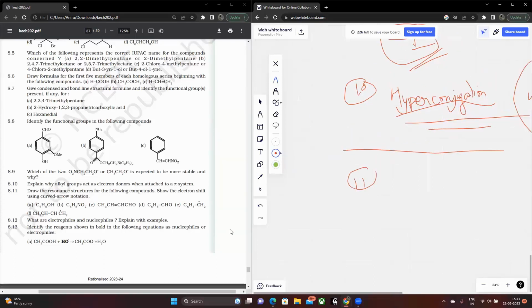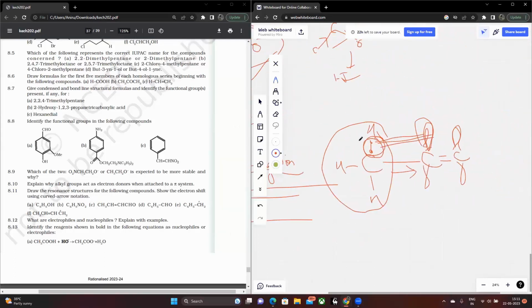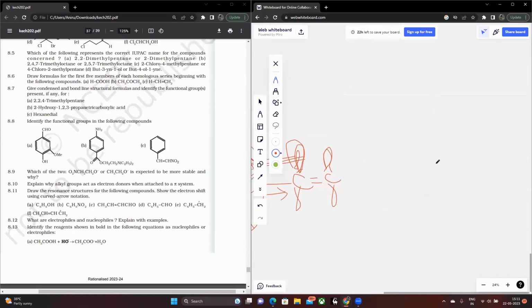And then one more thing to note is that it's not just this one hydrogen which can perform hyperconjugation. It's all three of them, right? That is why in this kind of carbocation system, the tertiary is always more stable, because of the plus I effect introduced by these alkyl groups.